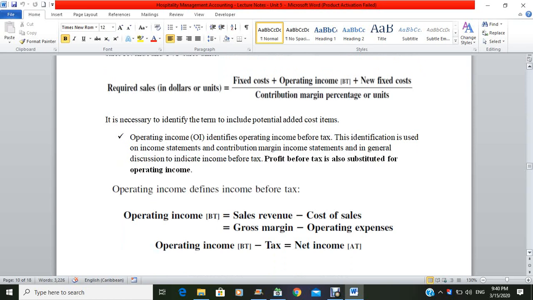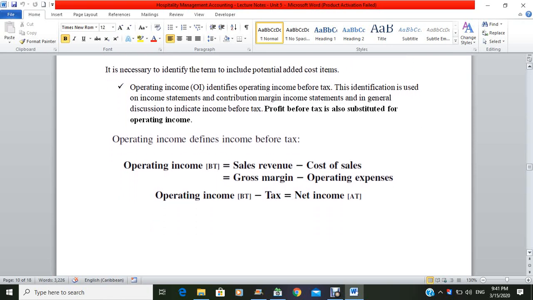Operating income identifies profit before tax. This identification is used on income statements and contribution margin income statements and in general discussion to indicate income before tax. Profit before tax is also substituted for what? Operating income.